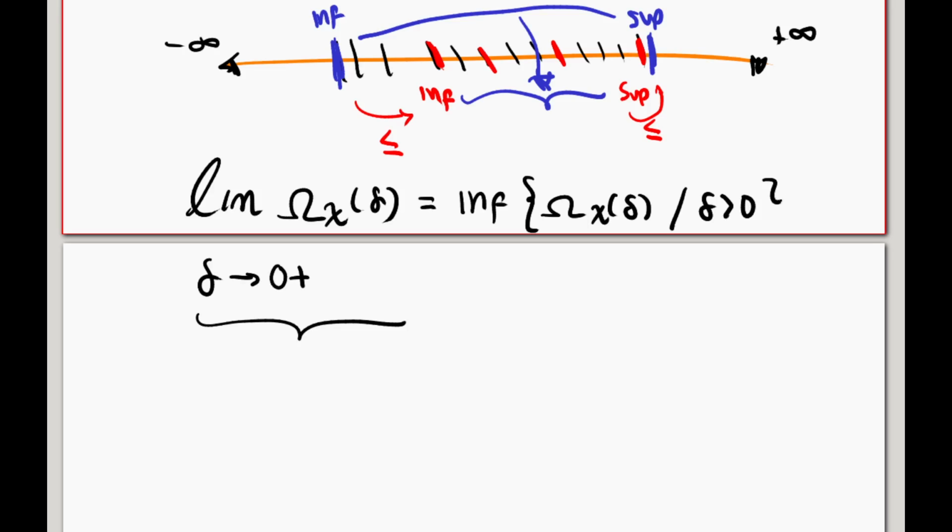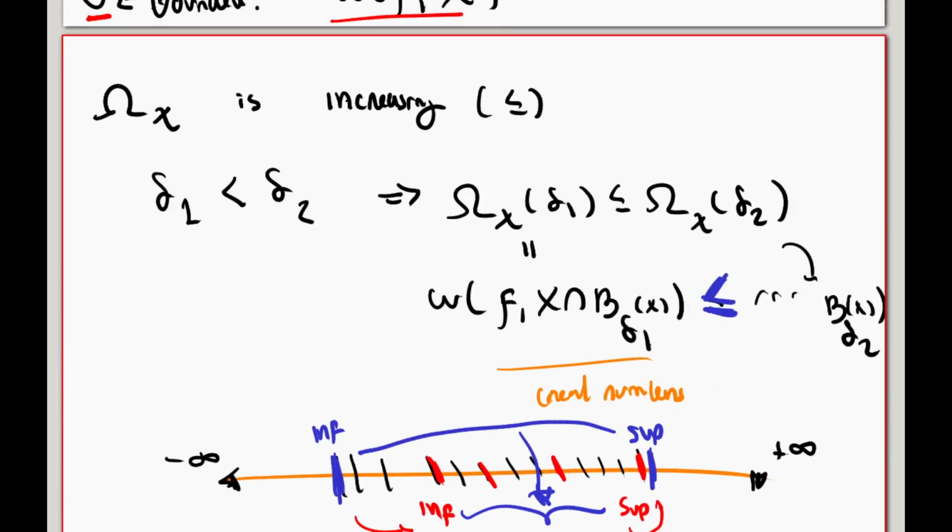And why is that? Well, because as I told you, this function is increasing. So when we go to smaller positive deltas, the function can only shrink.